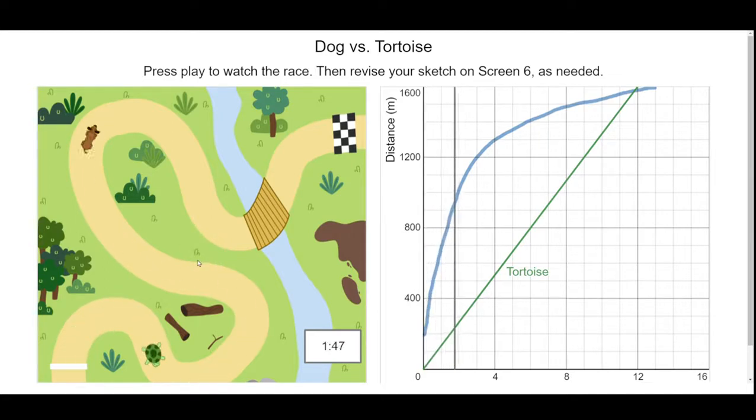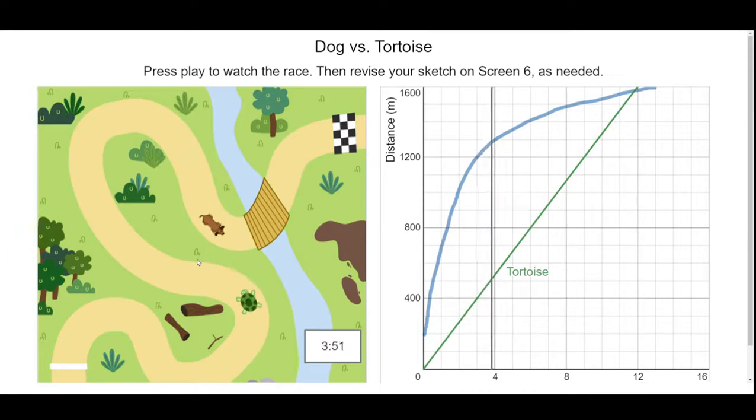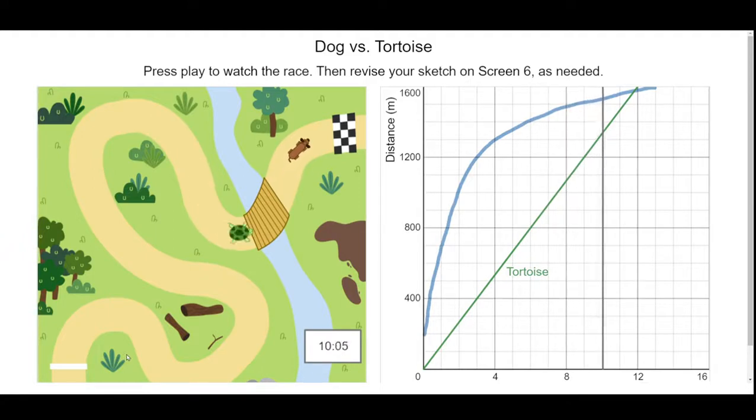Oh, we went really fast, and then he's slowing right down. So he jumped out and was moving really, really fast. Now he's slowing down, and the turtle just passes him. So this was kind of the opposite of the one we just saw. Here they start off at a fast speed, and watch it again.